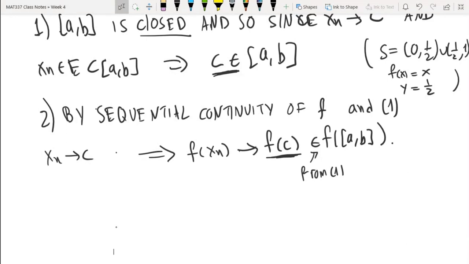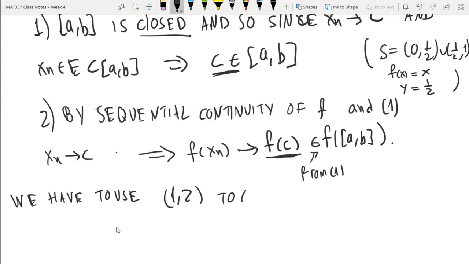All right. Almost there. We have to use 1 and 2 to contradict f of c bigger than delta naught. Let's see, how can we do this?